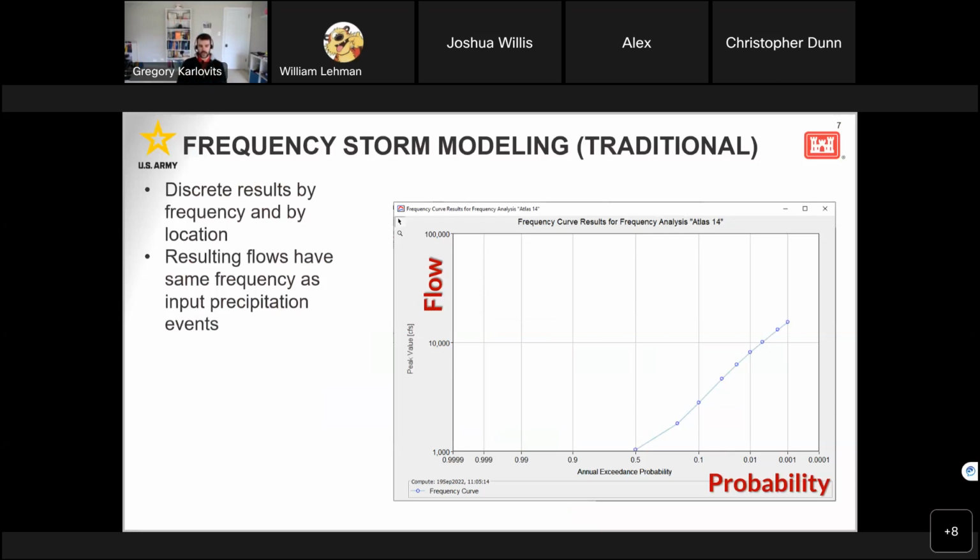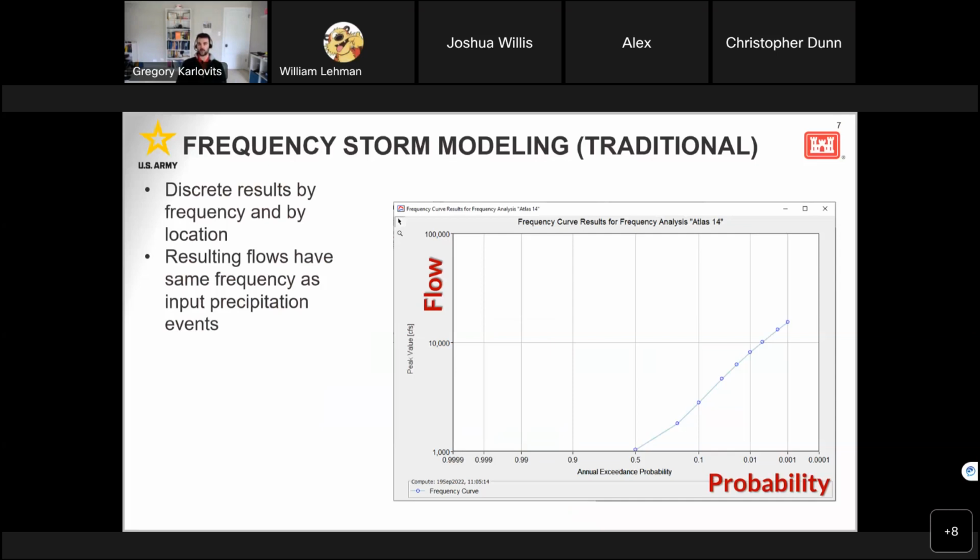So that is very limiting in a lot of ways, because we know that you can get big flows from a combination of relatively moderate inputs. You can have really big rainfall and hydrologic conditions that result in less runoff. Those sorts of things are the nature of hydrology. And so by doing this sort of design storm process, you have to sort of assume some of that stuff away.